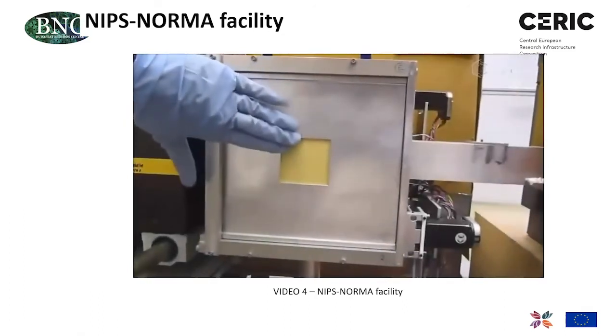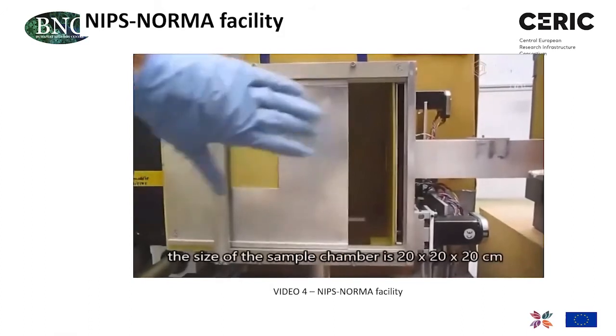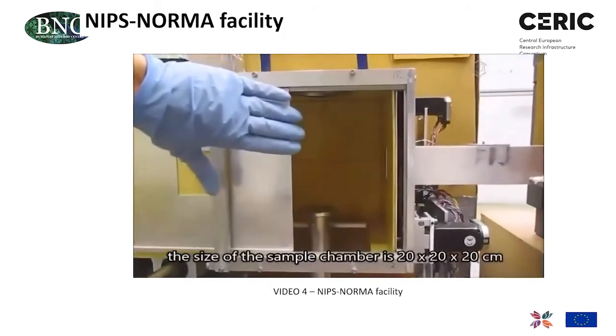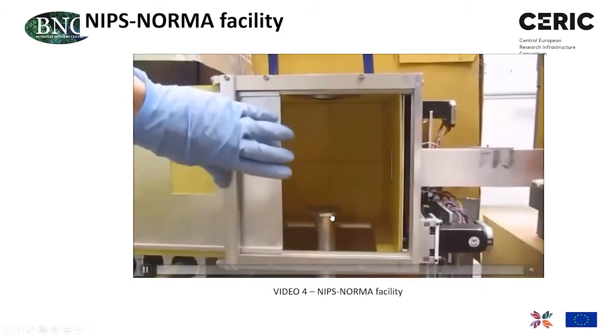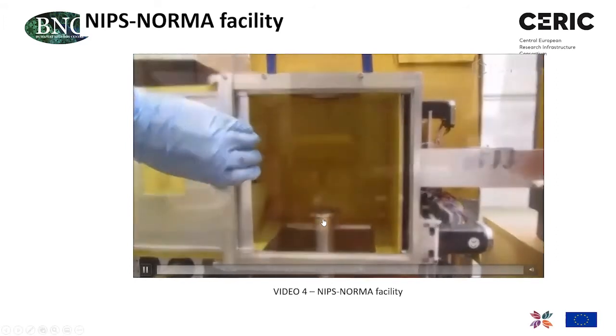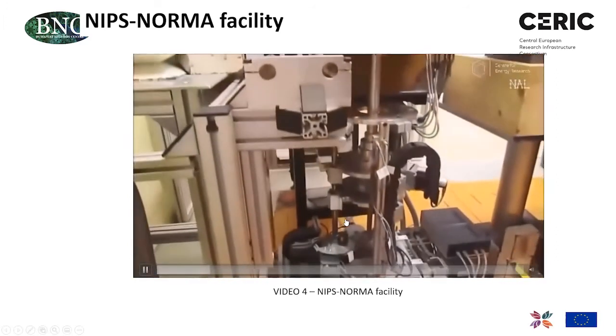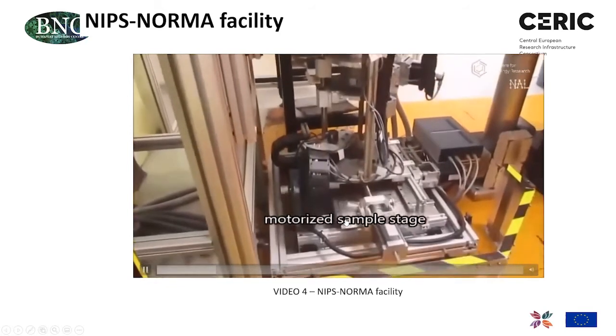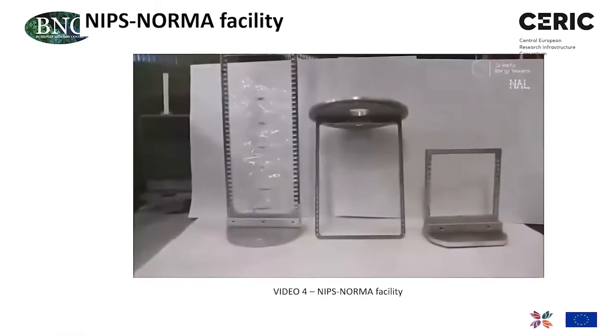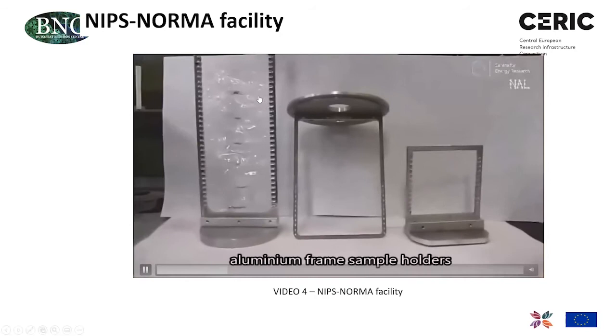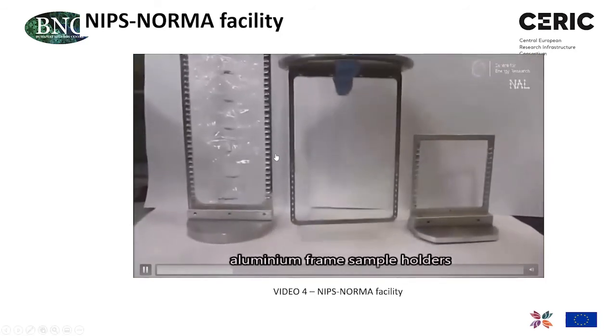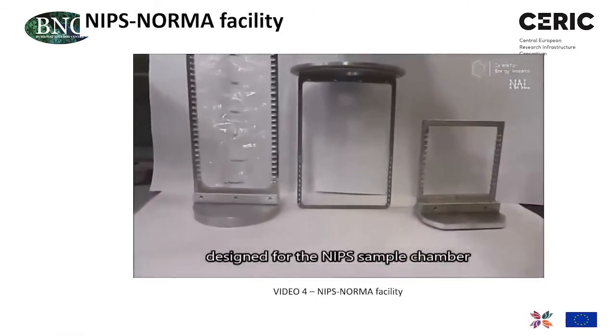So you can slide the side of the sample chamber to have better access to the sample. Down here you can see the sample manipulator. And here you see also sample frames, which can be used for manual sample loading.